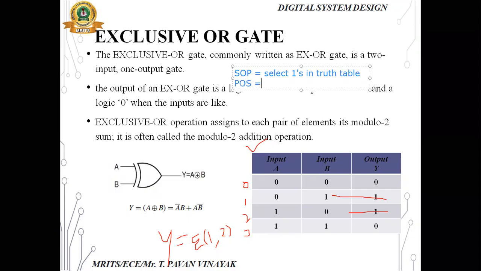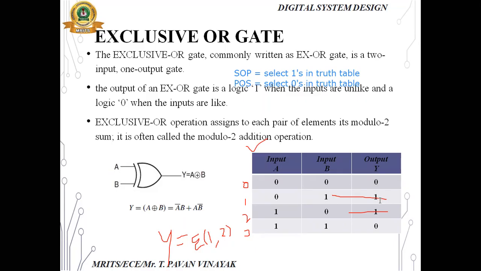POS means select zeros in truth table. Okay, remember this condition. SOP means select ones in truth table. If you want POS, select 0s.